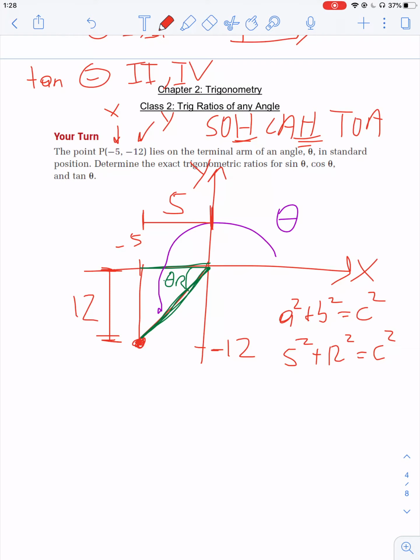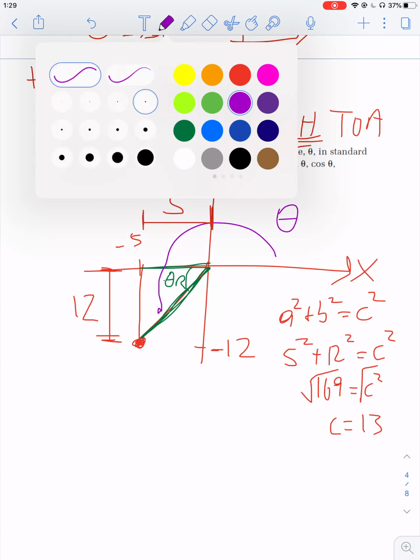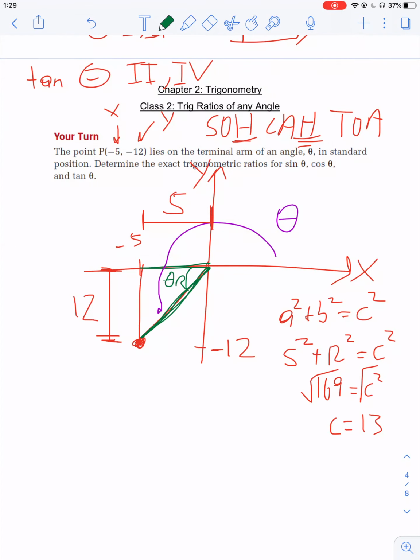So 5 squared plus 12 squared, 169 is equal to C squared. If you solve for C and you take the square root, then C will equal 13. So it turns out my hypotenuse is 13.